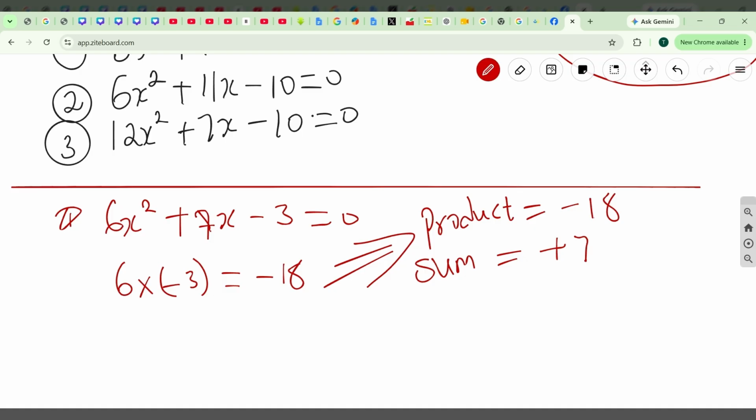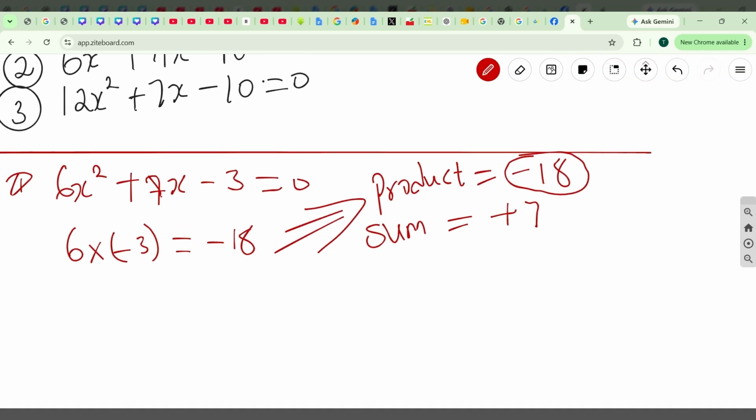Now, the first thing you need to do, and the only thing you need to do, is to look at this product value. So I'm looking for 18. Well, I'm actually looking for negative 18, but let's keep the negative sign aside first. What I need to do is just find the factors of 18.